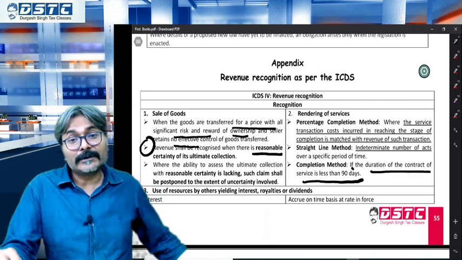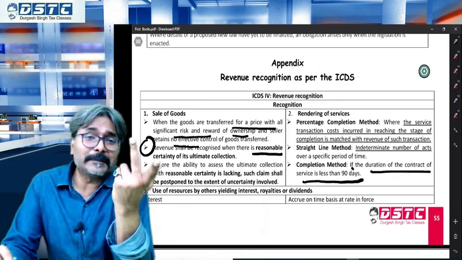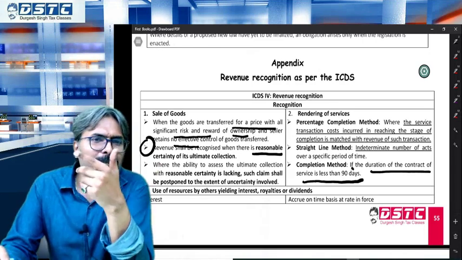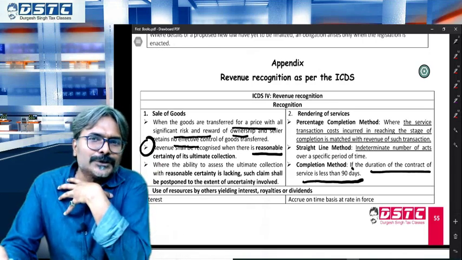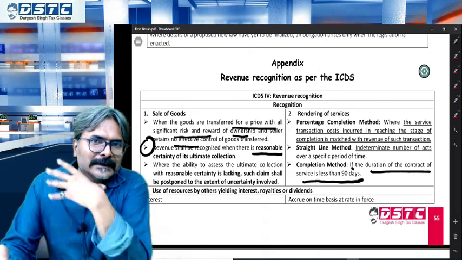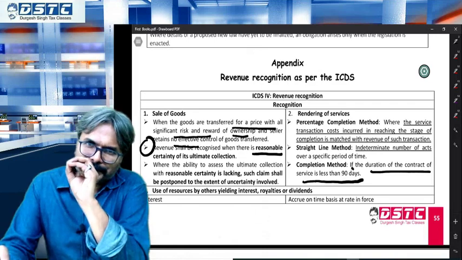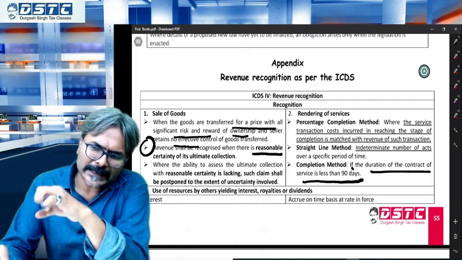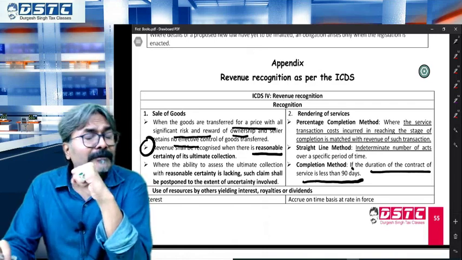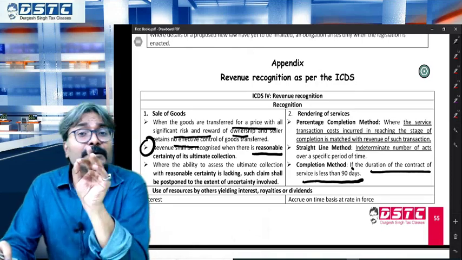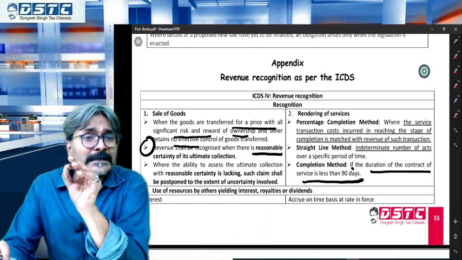So in that case, only for those particular cases. Now, let me take this particular example. If I am taking a batch of, say, direct tax, 65 days face to face, in the month of March, on 15th of March, I received the entire amount.